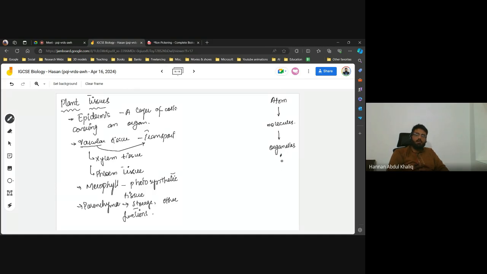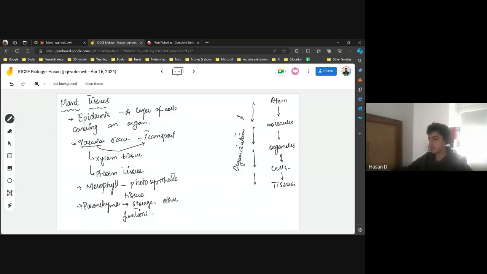The organelles work together to make cells. The cells work together to make tissues. So it is basically a series of organization levels of the body. After tissues, it would be organs and then organ systems.